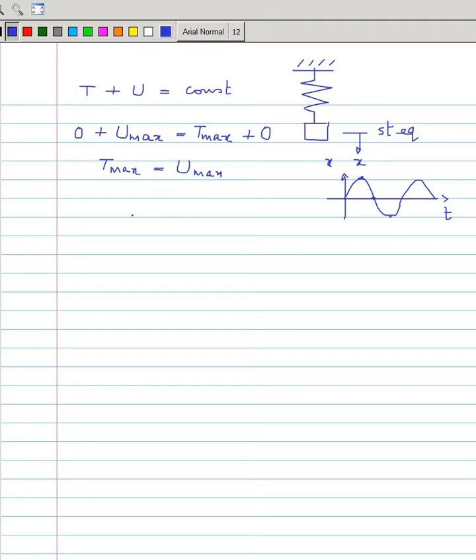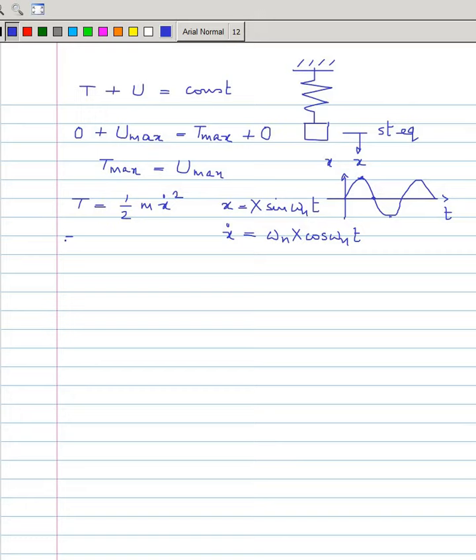This is interesting, and you know T is equal to half m x dot square. If you take x as x sine omega n t, then x dot is omega n x cos omega n t.